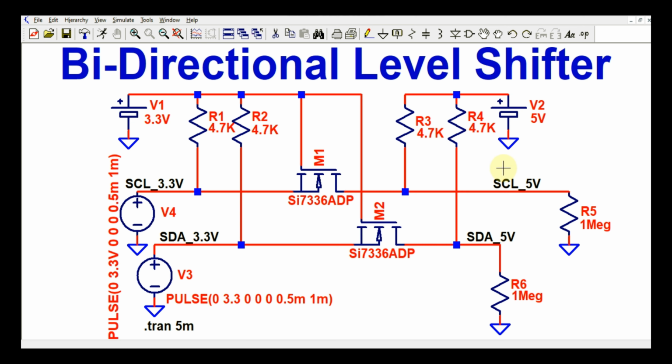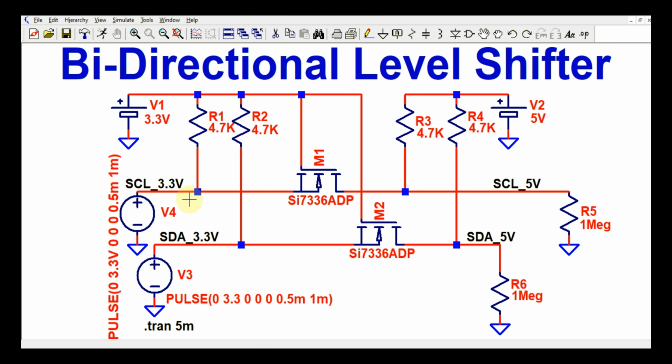That means they should be at the same voltage logic level. So in some way people use a level shifter, which could be in the form of an integrated circuit or IC. But here I use only two MOSFETs to demonstrate how the level is being shifted from 3.3 volt to 5 volt and 5 volt to 3.3 volt.